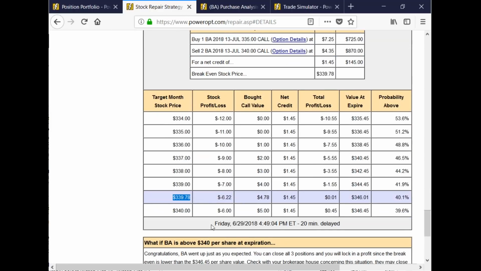If the stock's trading at 339.78, what happens? Well, you've got a loss of 622 on your stock, but your 335 call is worth about $5. You keep the 145 net credit, so there's the 622. You're now back to break even with the ratio call spread. And you can get a little bit higher premium here if the stock goes right up to 340 also.